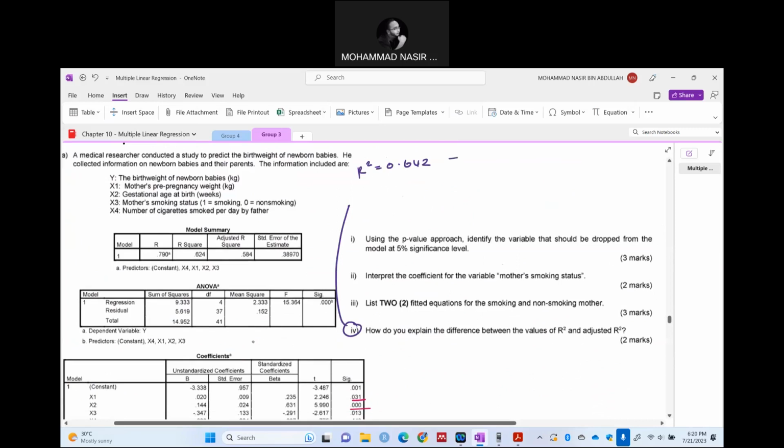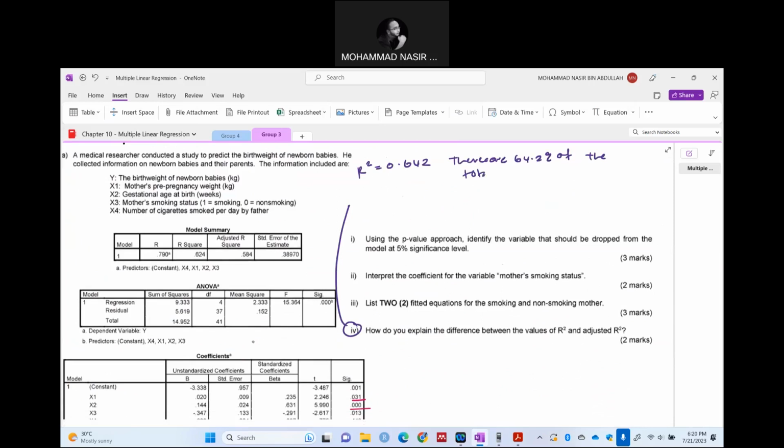It means that there are 64.2% of the total variation in birth weight of newborn babies can be explained by X1, X2, X3, and X4.